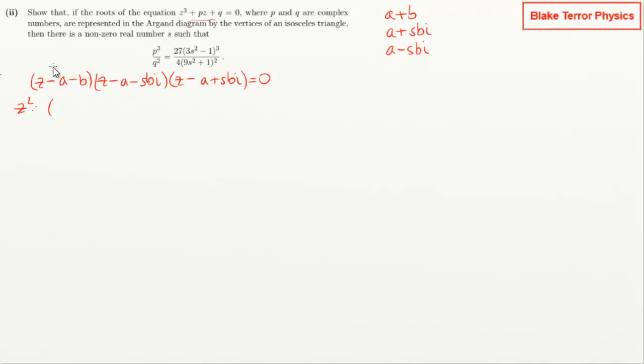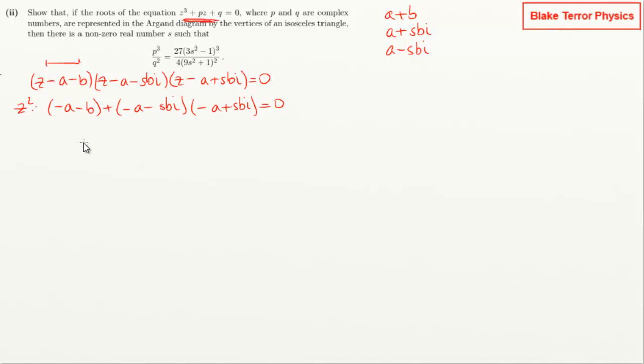One of the roots each time, because we're going to have Z squared multiplied by the other one. So we're going to have minus A minus B plus minus A minus SBI and minus A plus SBI is equal to 0, because there aren't any Z squareds in this thing up here.